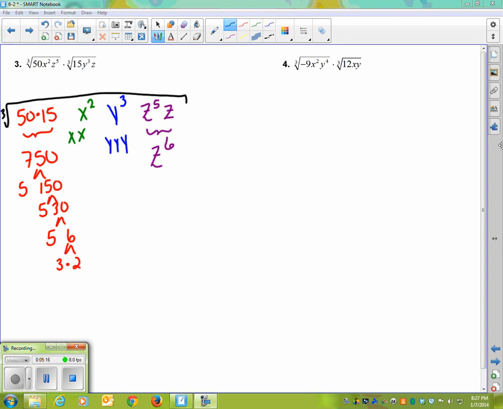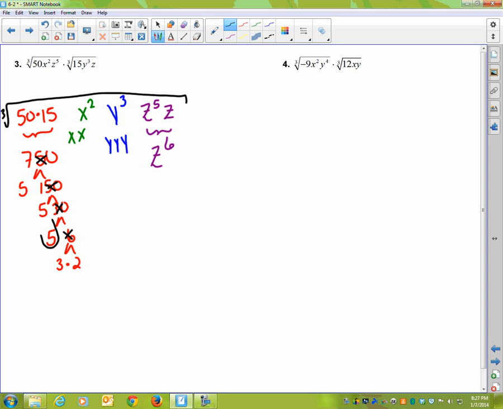So let's walk through it. I took 50 times 15 and got 750, and I factored it down. Each time I factor a number, the 6, the 30, 150, 750, it's a good idea to go ahead and cross them off. Look for groups of 3.